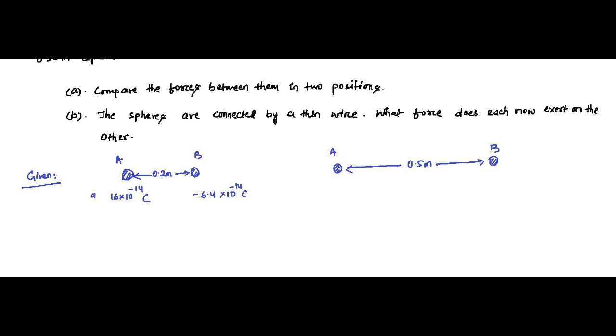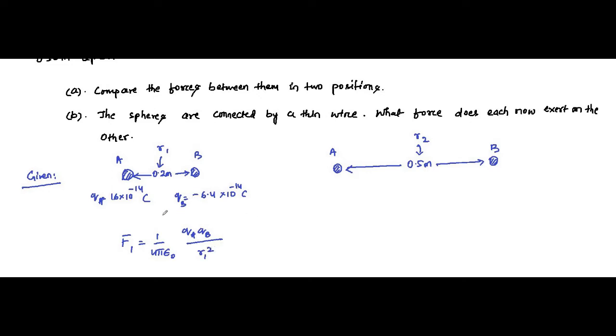So this is QA, this is QB. In this case, let's say this separation distance is R1, this separation distance is R2. In the first case, let the force be equal to F1, that is equal to 1 by 4 pi epsilon 0 QA QB by R1 square.